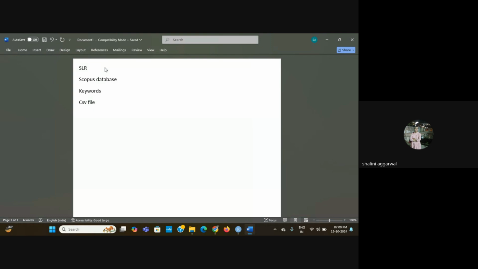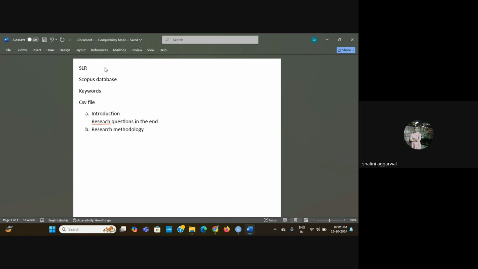So what are the different parts of a paper when we write a paper using an SLR? I told you about this. The first part is the introduction, and after this there is the research methodology. In the introduction, what is important is the research questions in the end.